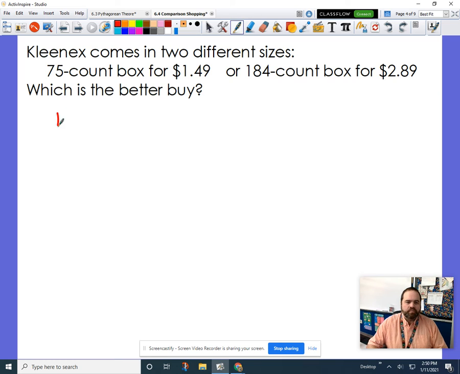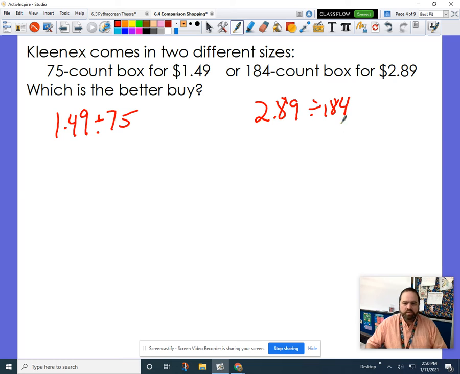Okay, so I've got $1.49 for 75 Kleenexes, or $2.89 for 184. Let's figure those out real quick. I know I said I was going to do one, but I just changed my mind. So these are 0.019 and 2.89 divided by 184 is 0.015.